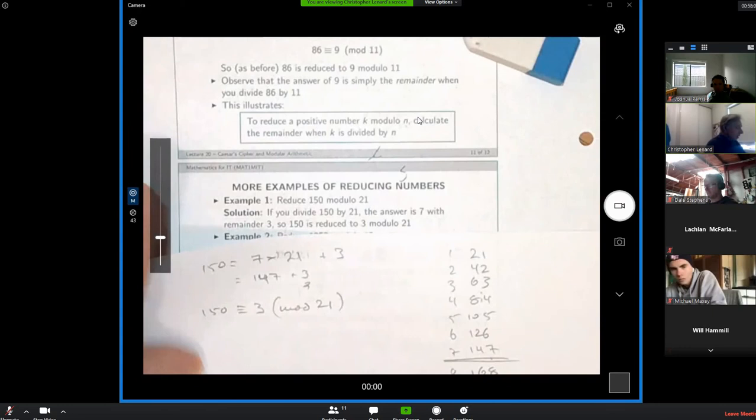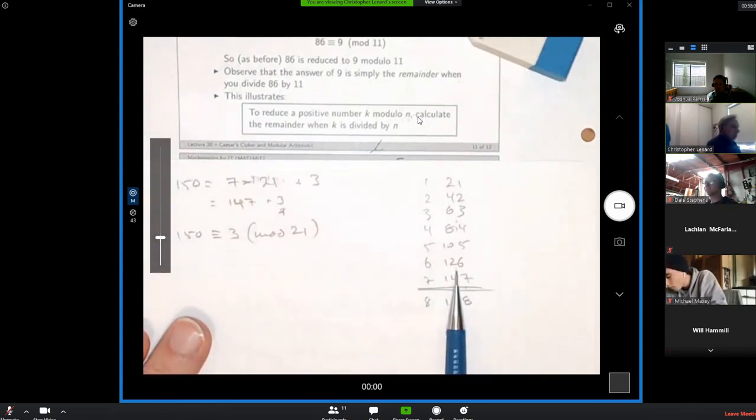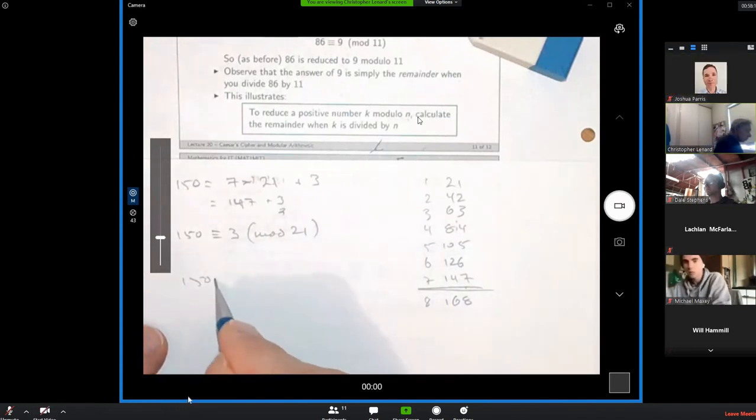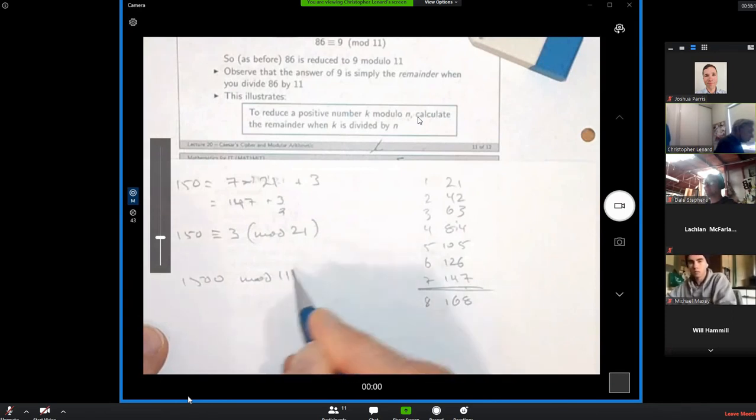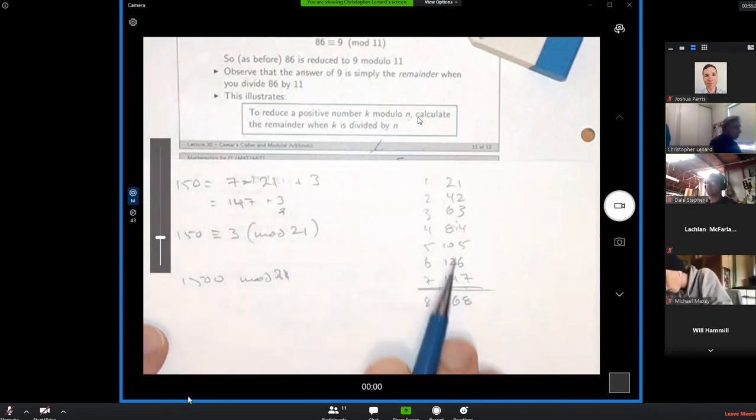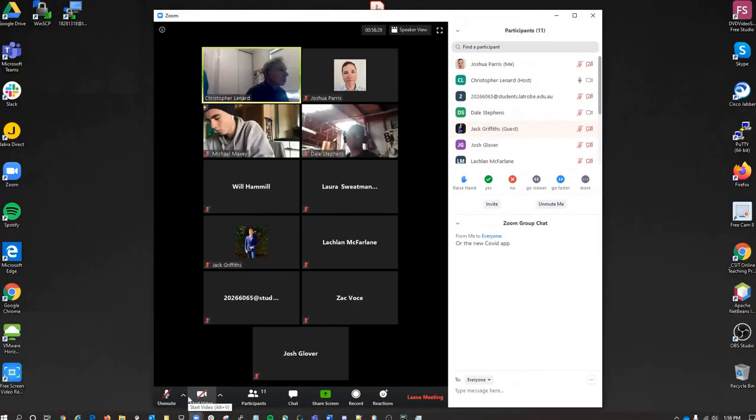Now, I've got to say that this is probably pretty tedious. Suppose I asked you to reduce 1,500 modulus 21. Well, you don't want to be doing this till you get to 1,500. So what you might do is, just bear with me, here's my calculator.